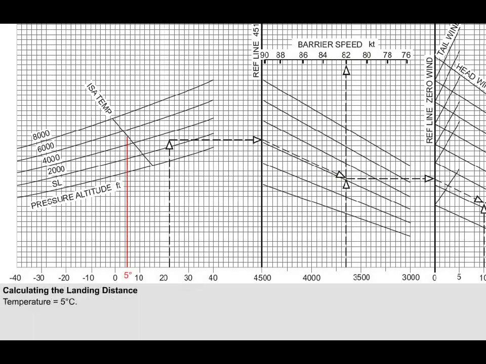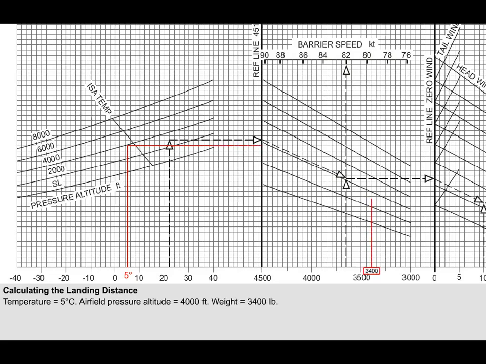In the example, we will assume a temperature of 5 degrees Celsius at a given airfield situated 4,000 feet above mean sea level. To use the graph then, move upwards from 5 degrees Celsius until you have reached the 4,000 feet pressure altitude line. Then move right until you meet the reference line, shown here.